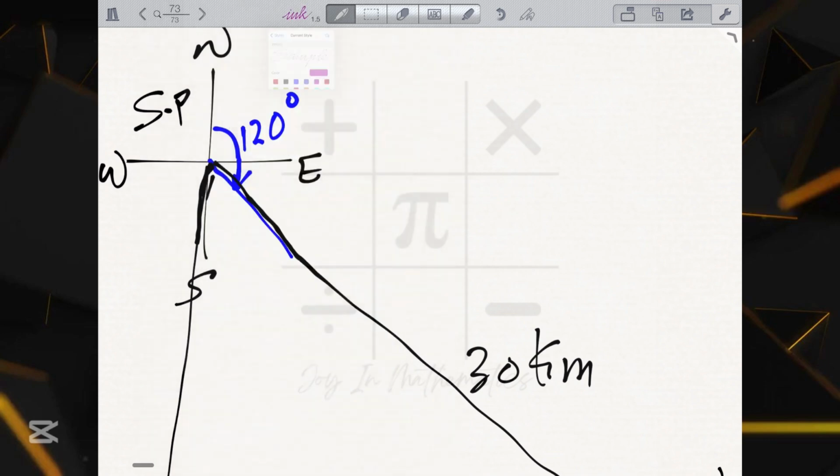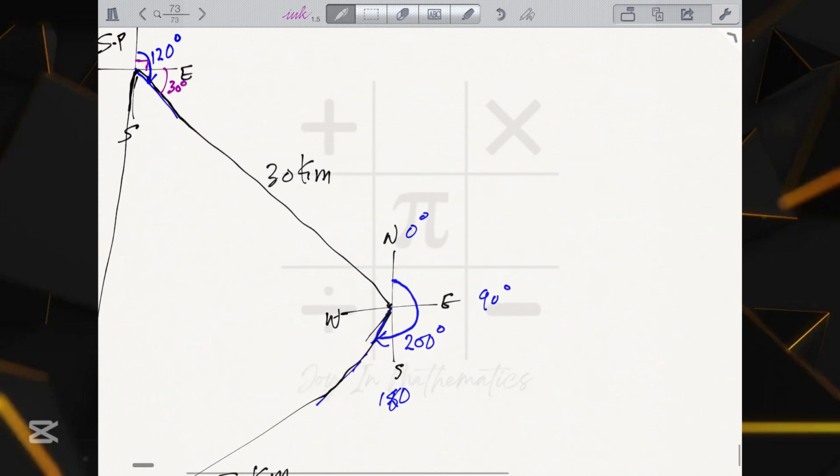We know that from here to here is 90 degrees, and definitely this place will be 30 degrees, because 90 plus 30 is equal to 120 degrees. So considering that, we apply adjacent angles, and then this will give us 30 degrees.